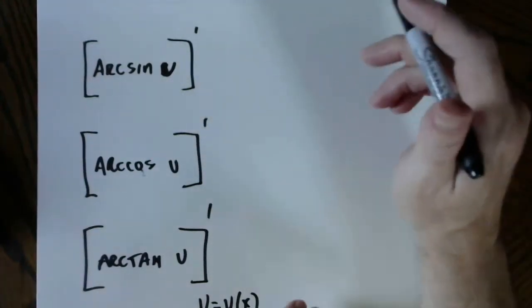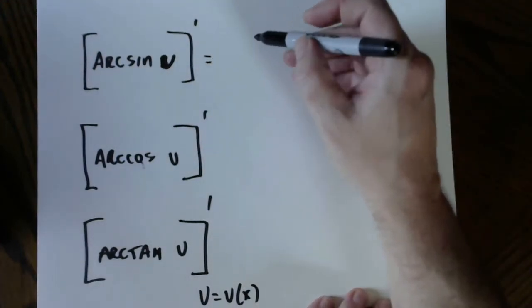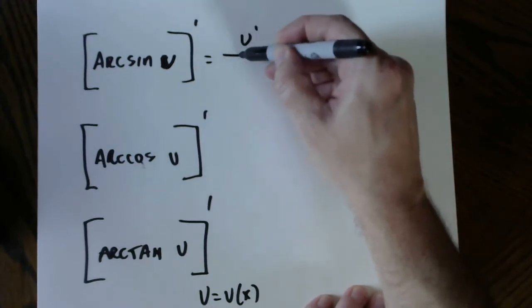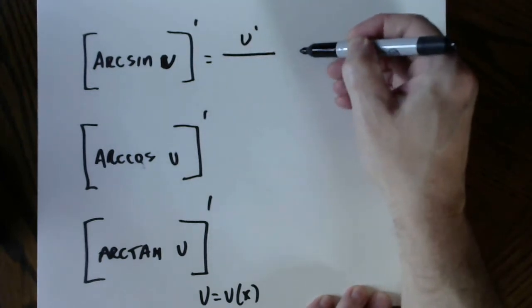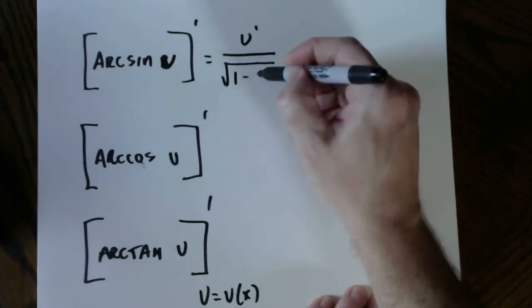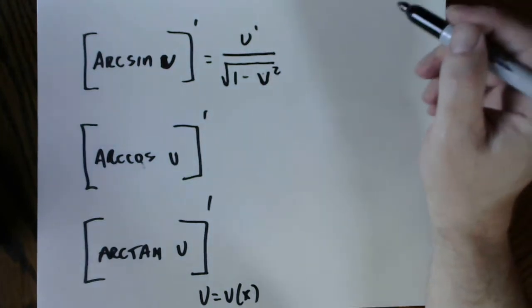I don't know why I wrote these so big. It looks ridiculous. Okay, so this will be U prime in my numerator. I could write it out here, but I'm just going to stick it up in there. And this is going to be 1 minus U squared.